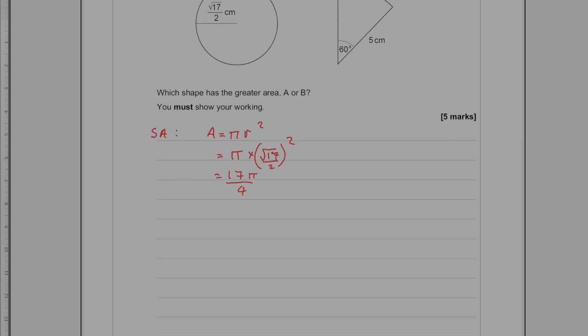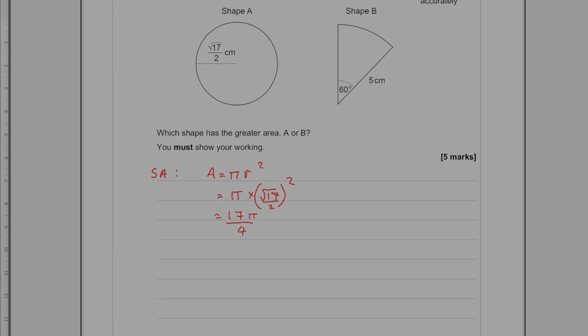If we now look at shape B, let's change colour for that.